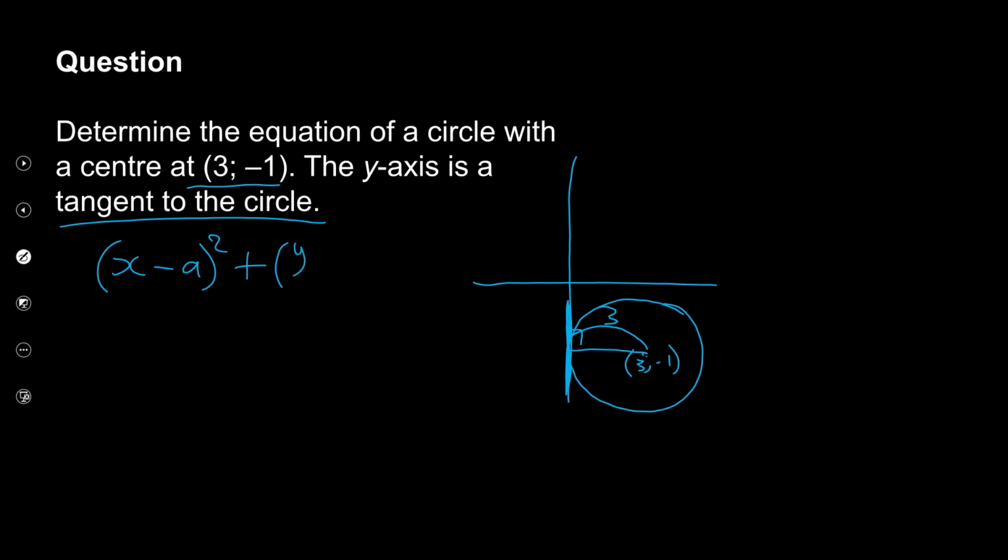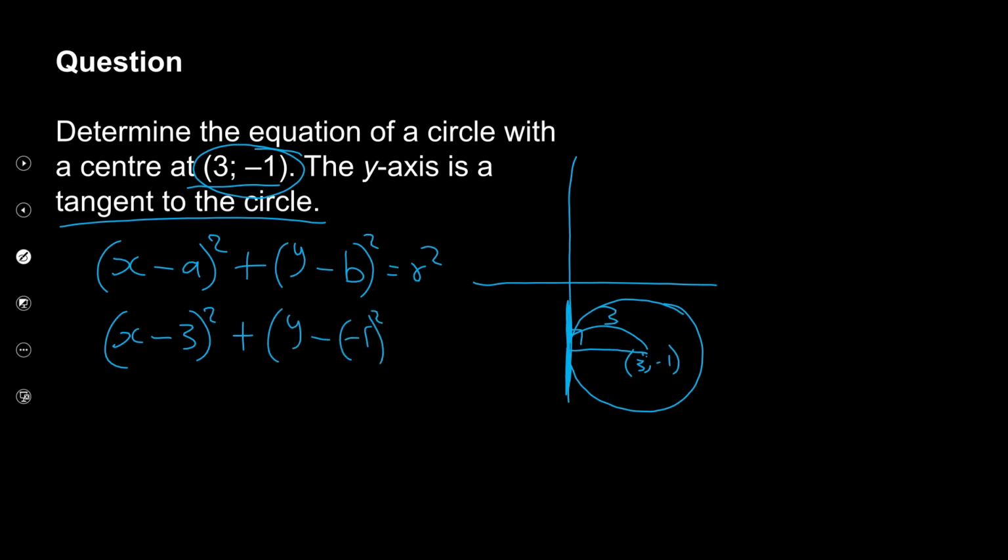And then while I'm writing it, I want you to think about why am I now using this one and not the x squared? Yes, I know you thought of it. It's because the center is no longer at the origin. And then it's (x minus 3) all squared plus (y minus minus 1) all squared.